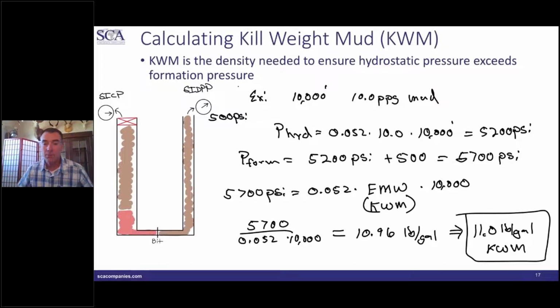Okay, I'm going pretty fast through this, but it's pretty simple. This is just being able to look at a pure column of fluid on the right and determining what that kill weight mud is going to be, because we know exactly what the formation pressure is there.